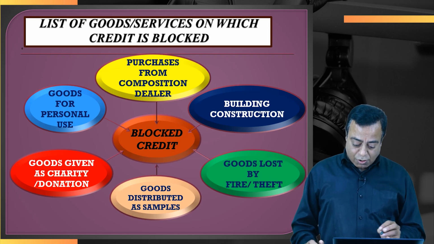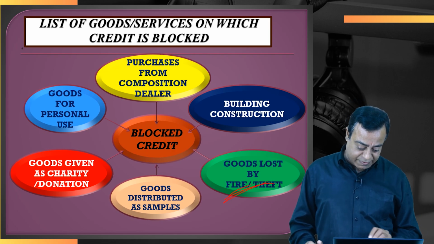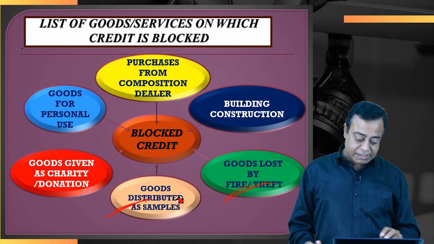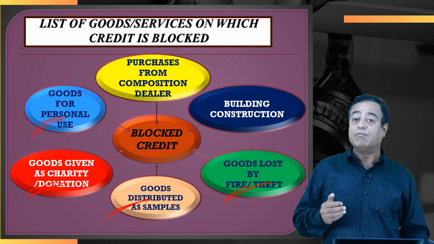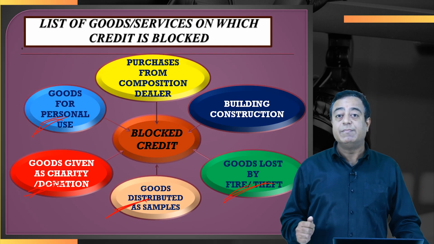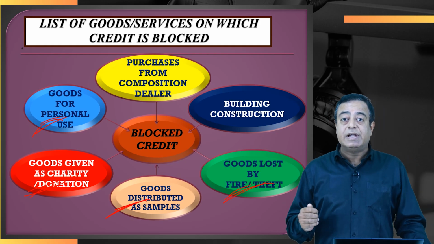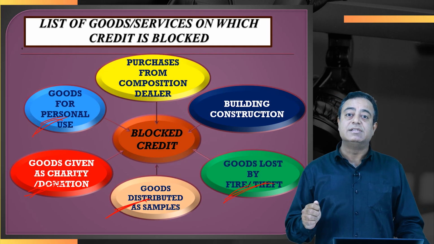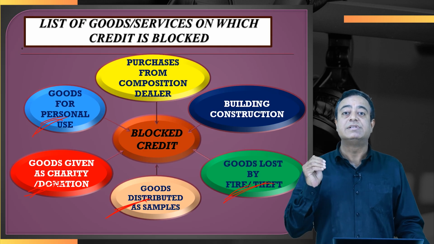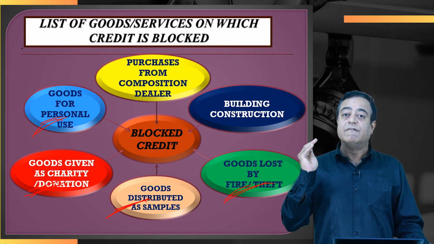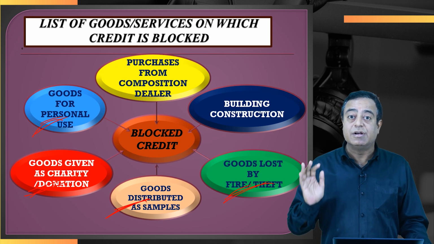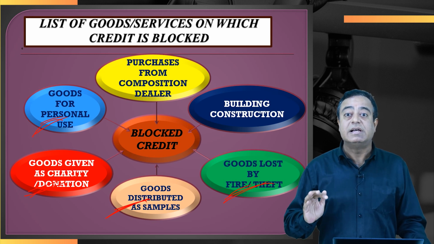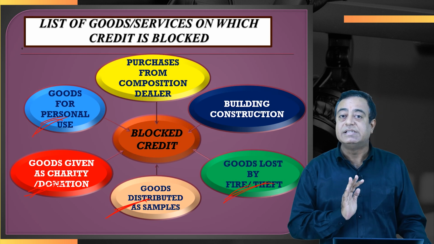For example, goods lost by fire or theft, goods distributed as samples, goods given as charity or donation, and goods for personal use. Why can we not claim ITC? Because ultimately in all these conditions, we are not going to sell the goods to the customer. We are using the goods for purposes other than sale. So, ITC cannot be claimed.